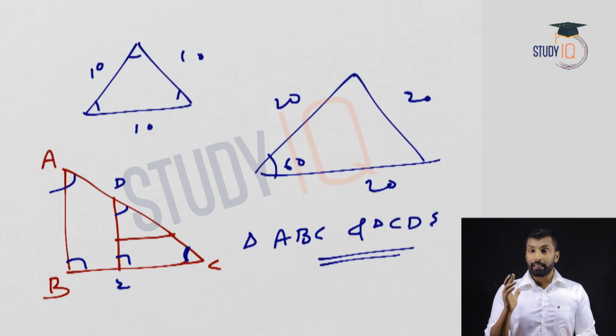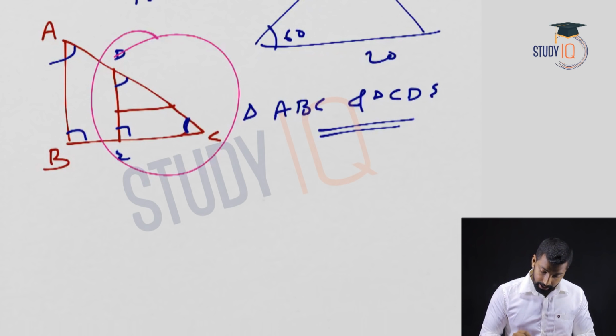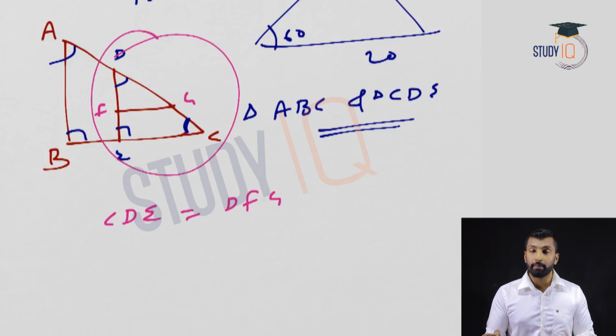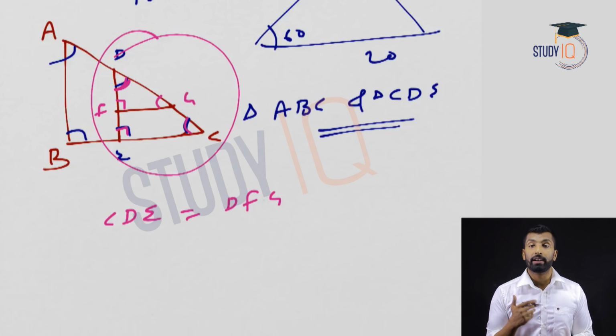So angles are the same but lengths are different, so we call it a similar triangle. In the same way, if you take CDE and DFG, both are similar triangles. The reason is this is a common point, and this angle and this angle are the same. So that's a similar triangle. Since the length is not the same, we can't call it a congruent triangle, but these are similar triangles.